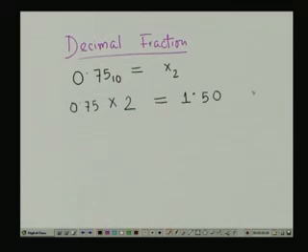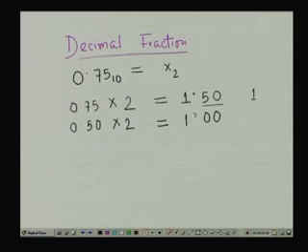So, my integer is 1 and the fraction is 0.50. So, 0.50 again into 2. I know this will be 1.00. So, again the integer value is 1, and we will stop because my fraction becomes 0.